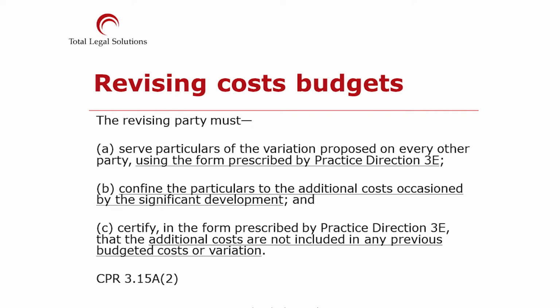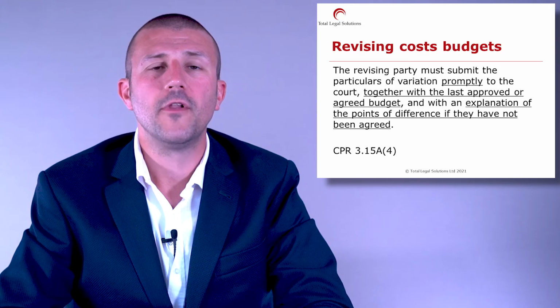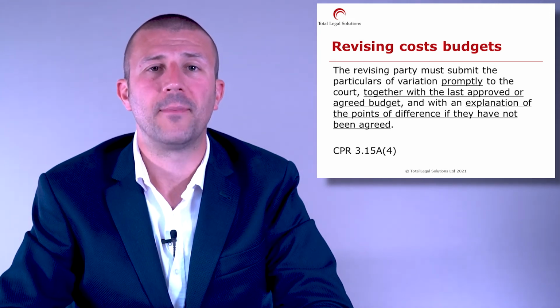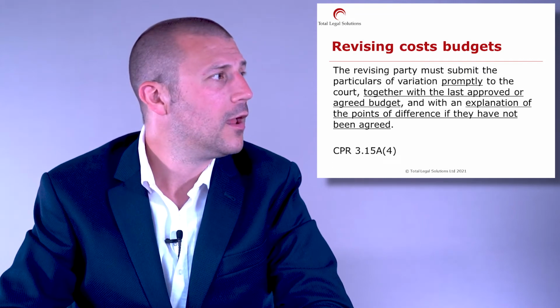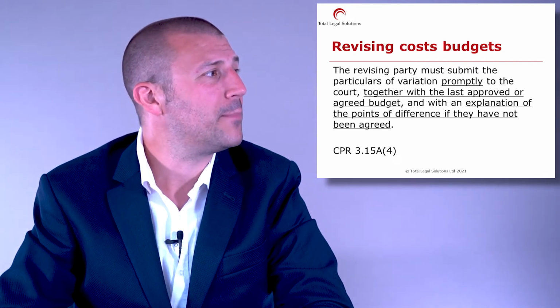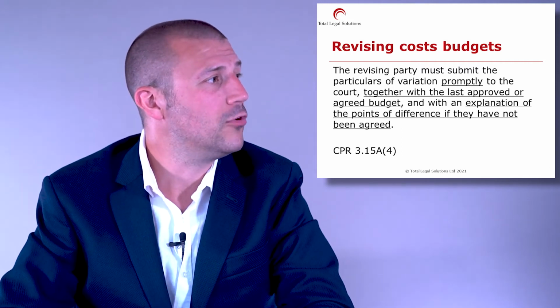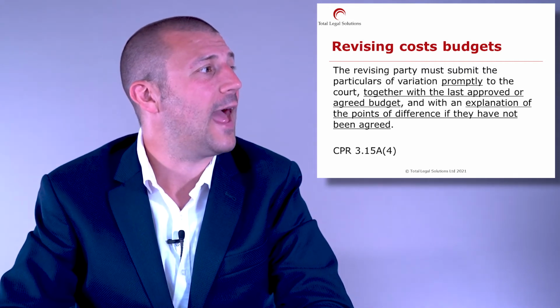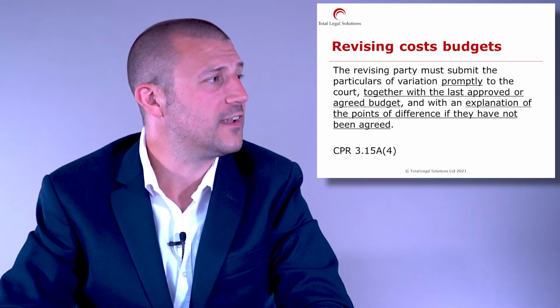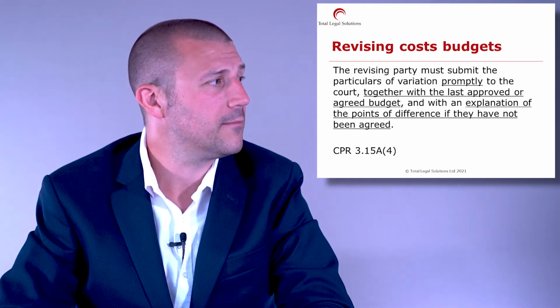So this has to be an entirely new significant development, not covered by anything anywhere else in the budget. Rule 3.15A(4) goes on to give a little more detail about how the application should be drafted. The revising party has to submit particulars of the variation promptly to the court, along with the last approved or agreed budget and an explanation for the points of difference if they have not been agreed.